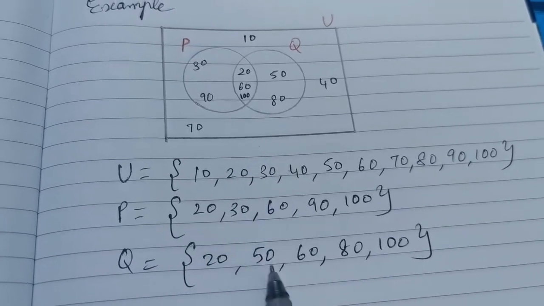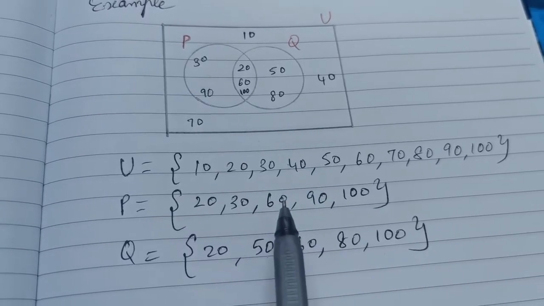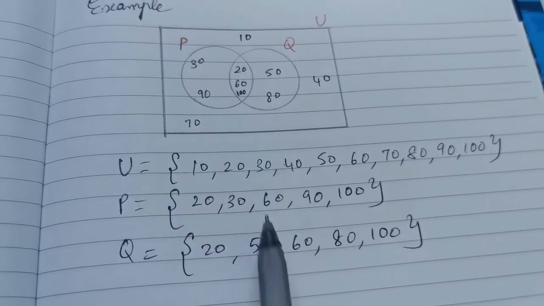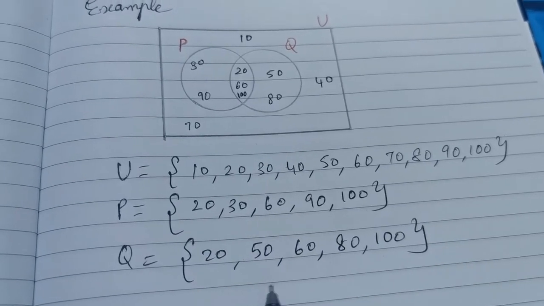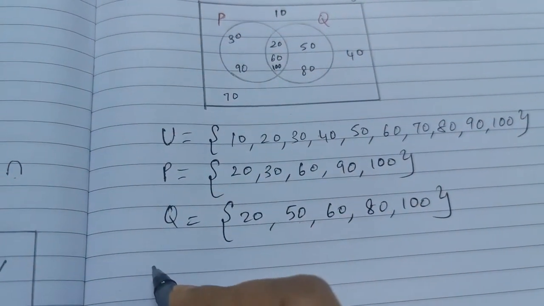Now set P and set Q are subsets of the universal set. We learned that a set acquired from the universal set is a subset. Now let's try to do a few set operations.